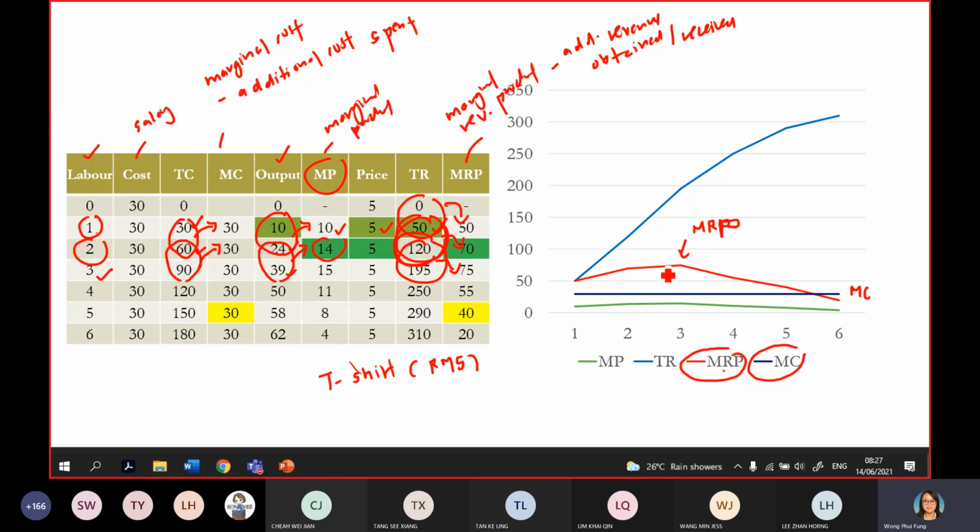You can see the pattern of MRP is at the beginning, up. But up to a certain point, it starts to fall. Why up? Up here is because of economies of scale. If you still recall, you learned this in year 1 already. Why it falls is because of diminishing returns.